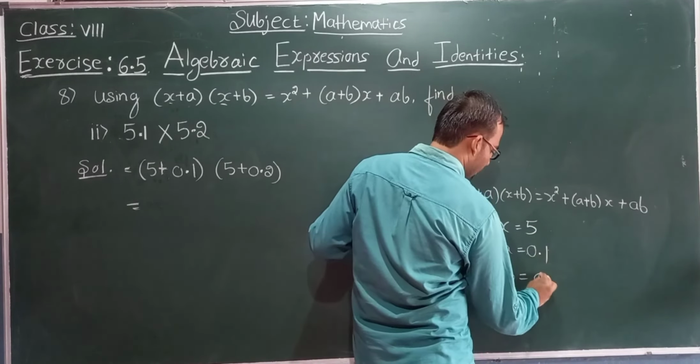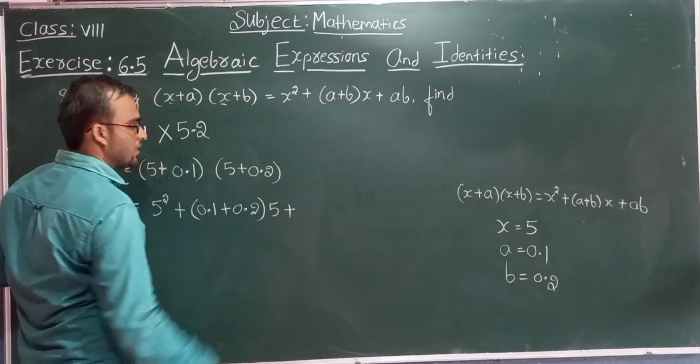And in place of b, 0.2 is there. Now according to the formula, x square, x means 5 square, plus a plus b, a means 0.1 plus b means 0.2, into x, x means 5, plus ab.